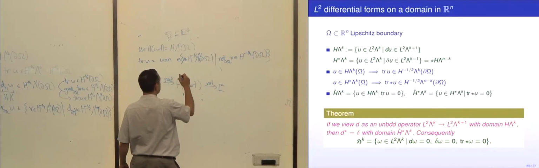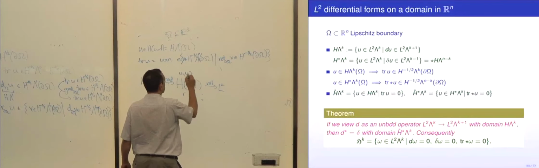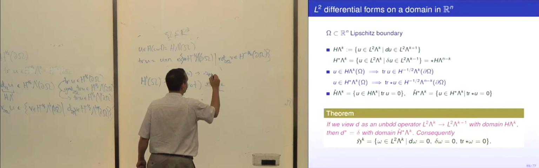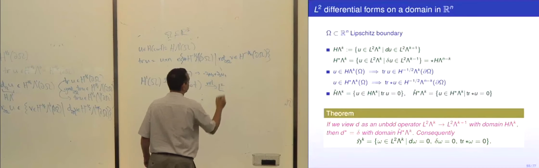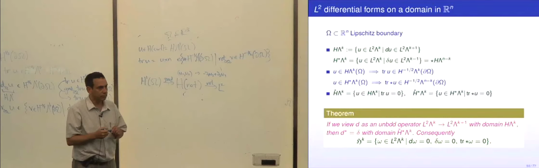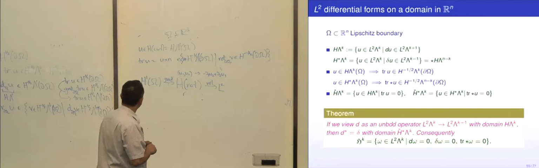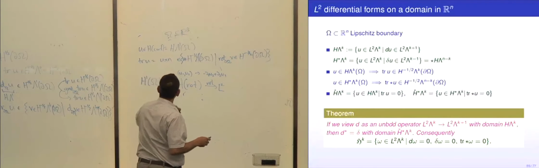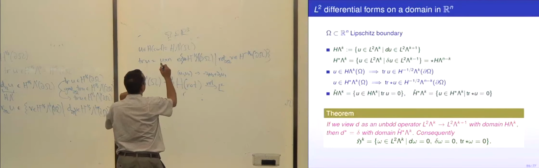So it's the one that takes u1, u2 to minus d1, u2 plus d2, u1. That's rote. Your omega is in R3, right? So your boundary is also... no, this u is a vector field in R3.